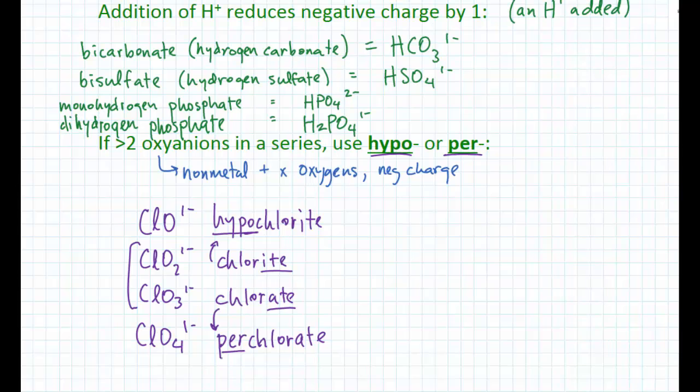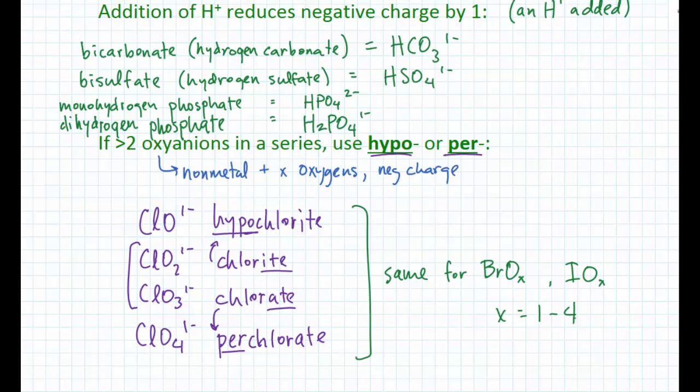So this same series is exactly the same for Br, BrOx and I, with X equals 1 to 4, so they're named the exact same way.